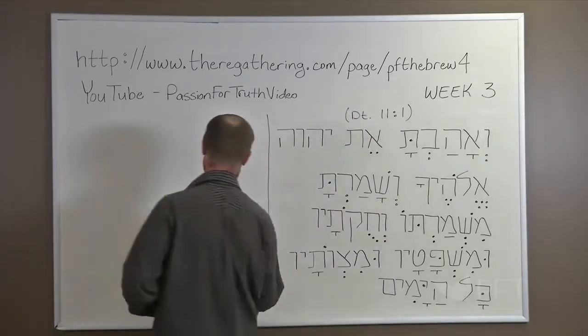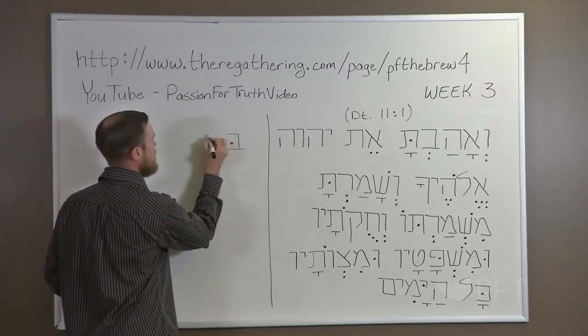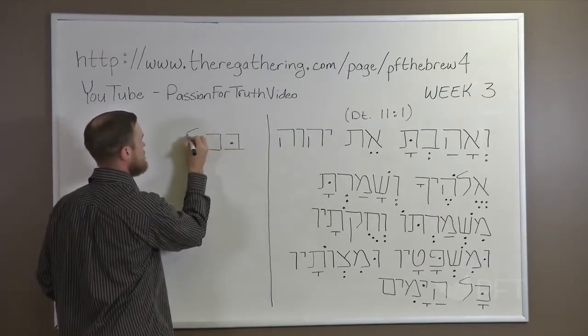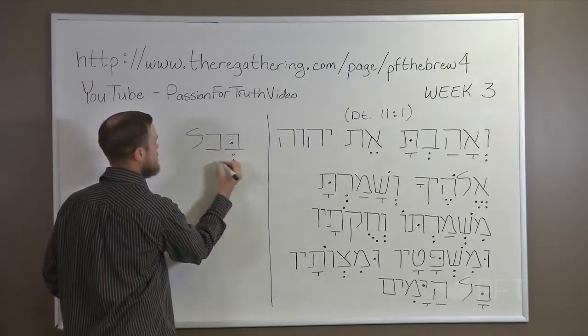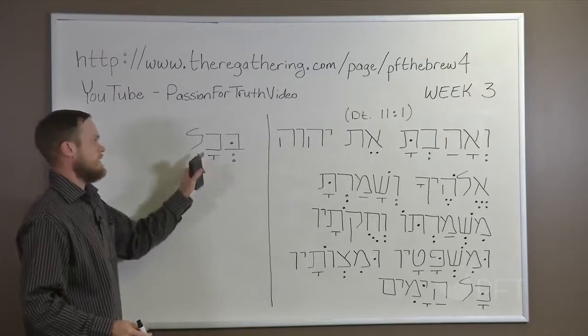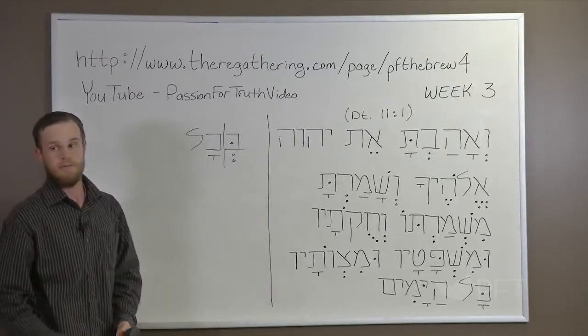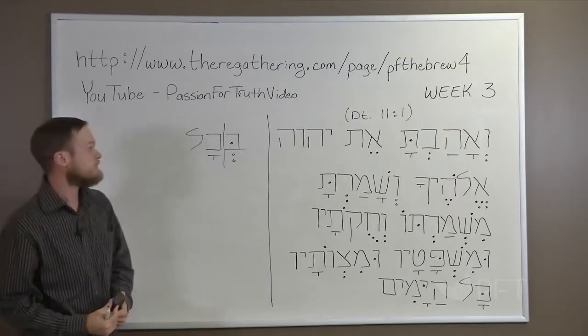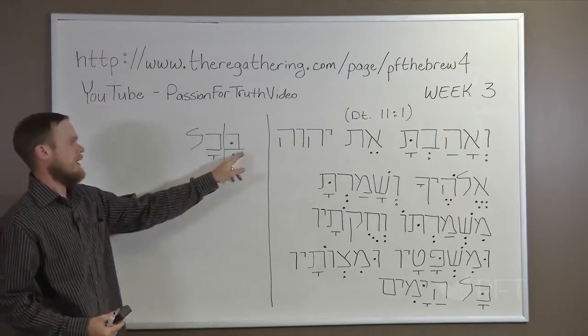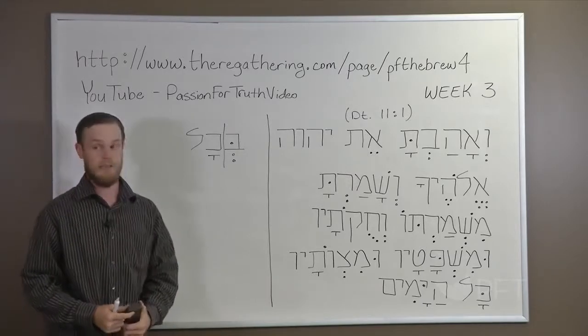All right, bechal. This is our preposition, chal, which means "all" or "every," in this case "all." And it's preceded by our prefix, beit, which means "in" or "with."